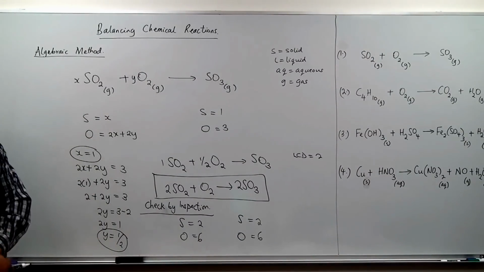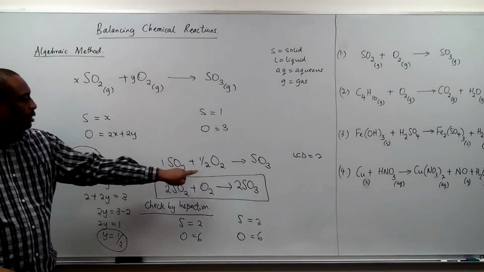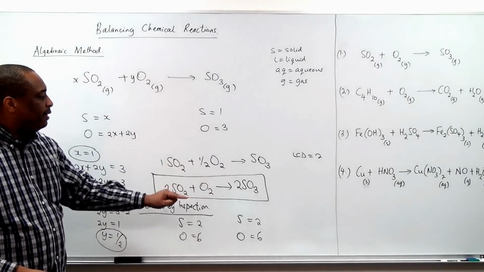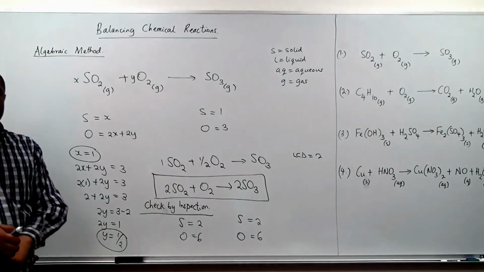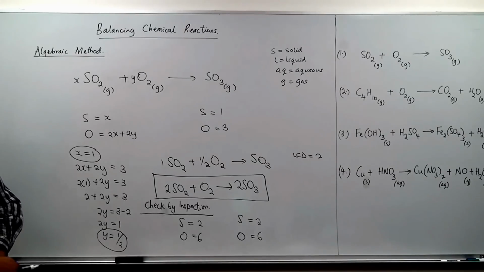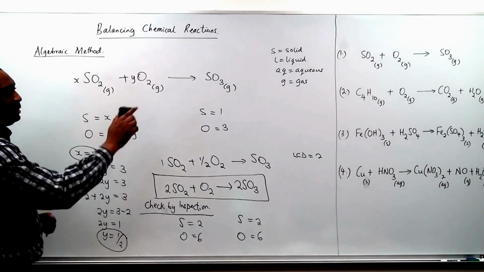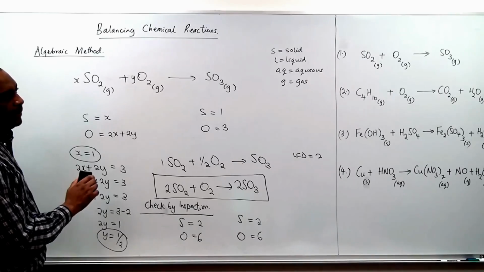That's why we call it the algebraic method. And when you're done, you don't want to have fractions. You want to clear the fractions, so you multiply by the LCD. And then you check by inspection. All right, let's go ahead and do number 2.